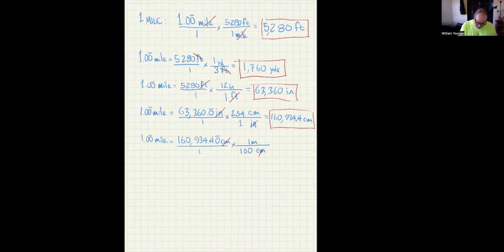And we can see that the ultimate answer is just going to be this number, 160,934.40000, whatever, divided by 100. Obviously you probably wouldn't even take the time to do your unit conversion this way, because you know that to switch from centimeters to meters, you just move the decimal 2 places to the left.